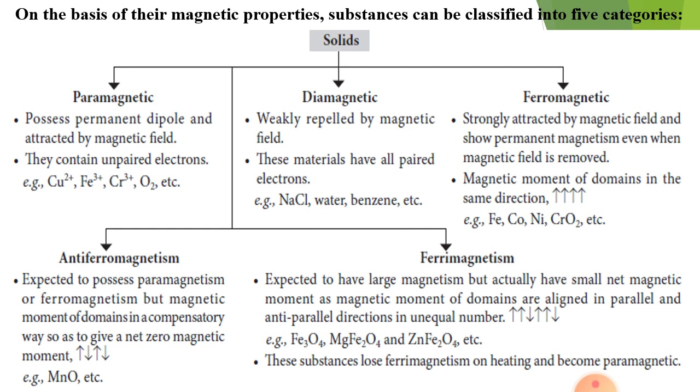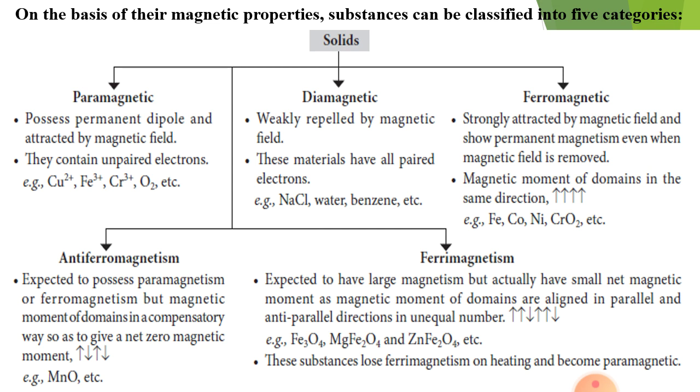Now, on the basis of their magnetic properties, all the substances can be classified into 5 categories. 1st, Paramagnetic, 2nd, Diamagnetic, 3rd, Ferromagnetic, 4th, Antiferromagnetic, 5th, Ferrimagnetic substance. So first of all, we have to focus on paramagnetic.